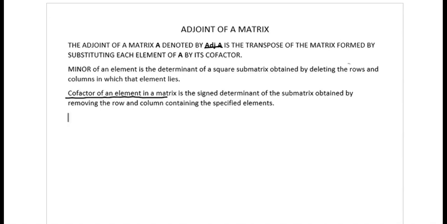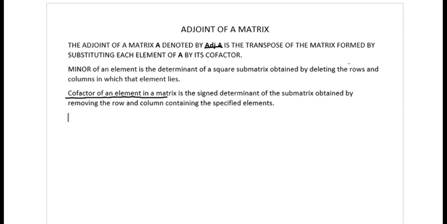The difference between minor and cofactor is that a minor doesn't have the conventional signs that follow each element in a matrix, whereas cofactors must have the signs assigned to each element. I'm going to explain in a moment what this definition talks about.